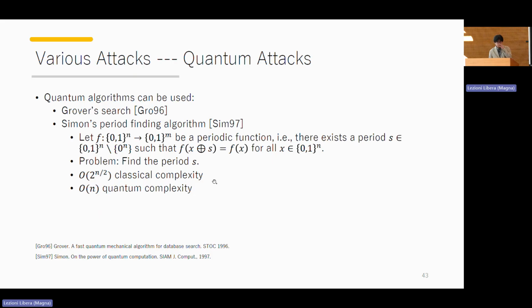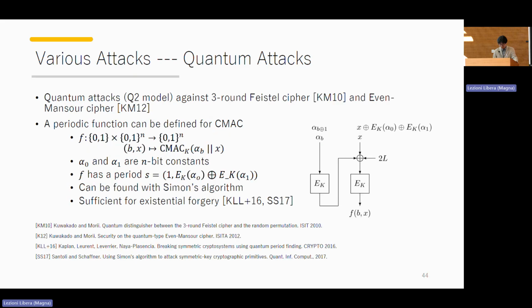In the classical setting, we need exponential complexity, but in the quantum setting, it can be solved efficiently. Simon's algorithm was used in the quantum attacks in the Q2 model against 3-round Feistel cipher and even-Mansour cipher by Kuwakado and Morii.